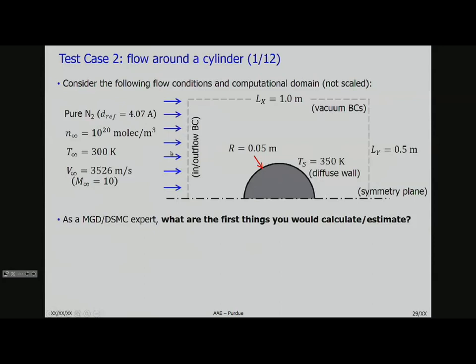Here, particles flow in through this boundary. These two are specified as vacuum boundary conditions, so pressure boundaries with a back pressure of 0. You can also specify the pressure boundary with a back pressure of the ambient pressure. Here, number density is 10 to the 20. I have my temperature and my velocity here.